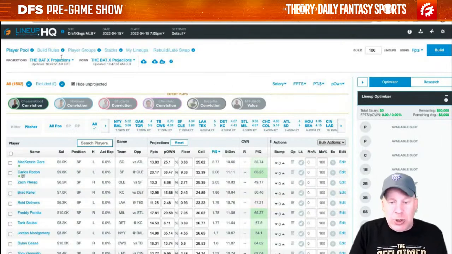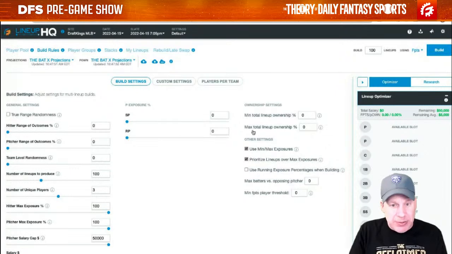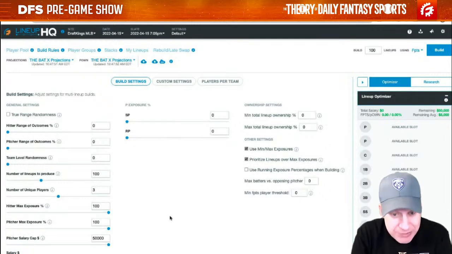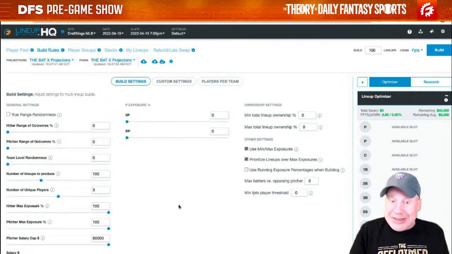People ask what settings to press and then press the build button for it to spit out good lineups. That is not how these tools work. That's how 95% of people think these tools work, but it's not actually how they work. All it is doing is solving a knapsack math problem for you. That's all it does. It's a dumb calculator for that.